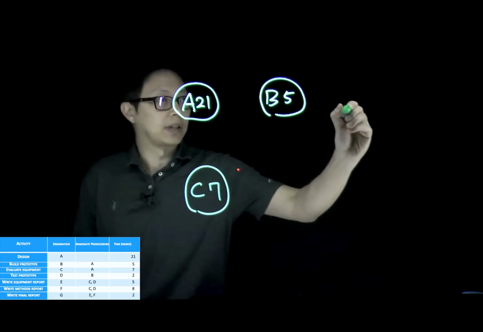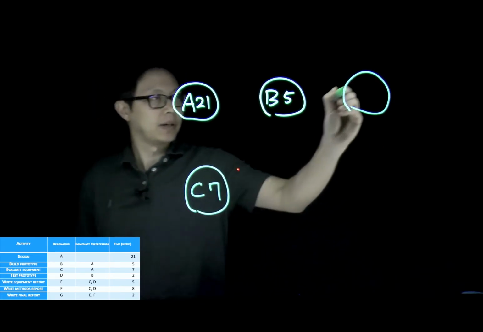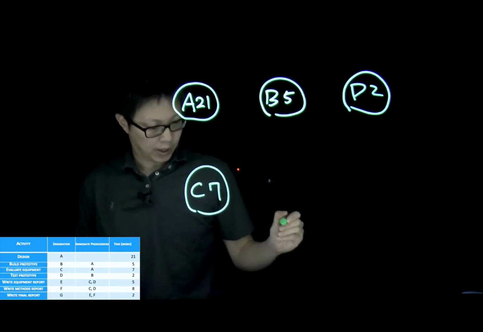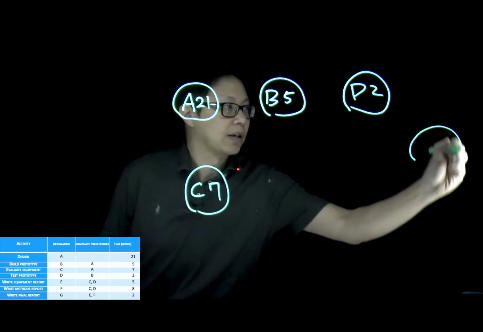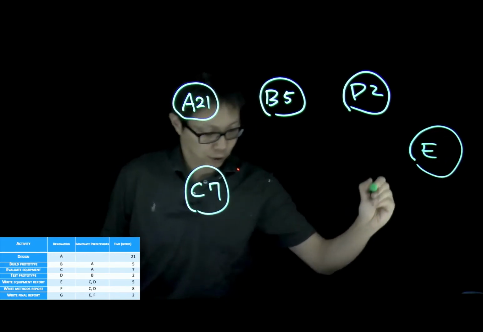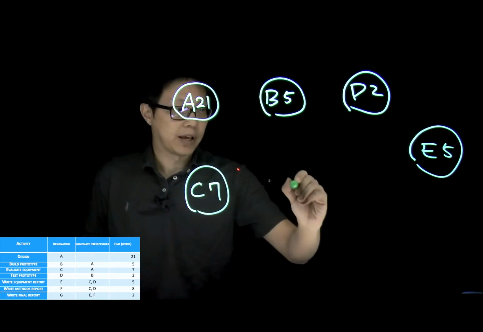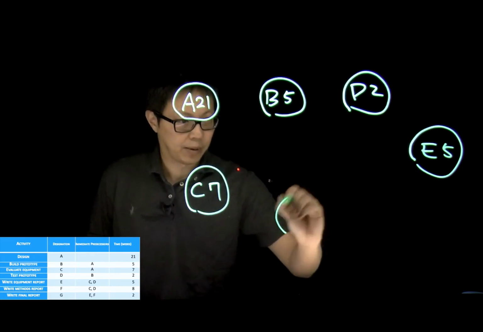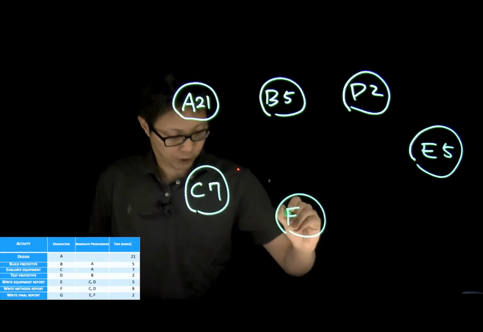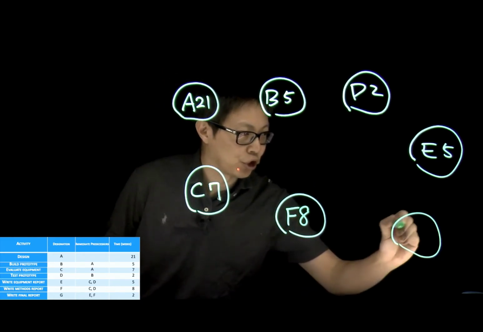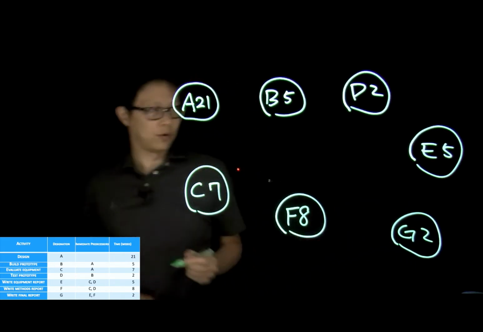And activity D, let's put it here. Duration will be 2. And activity E, duration will be 5. Activity F, let me put it here. Duration will be 8. Finally, we have G. Duration will be 2.